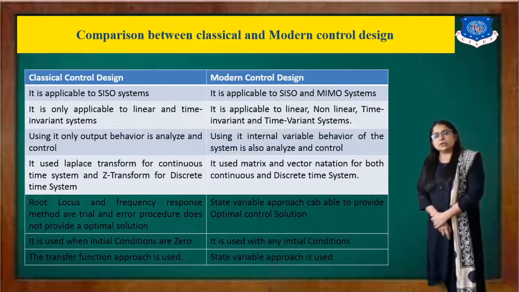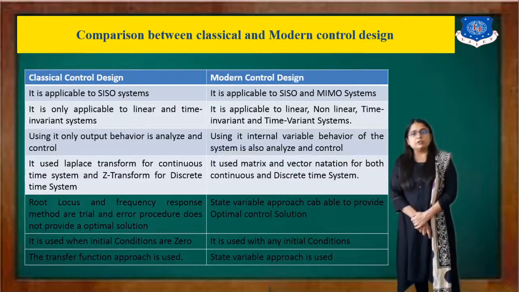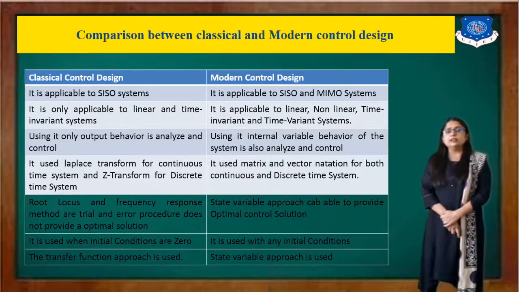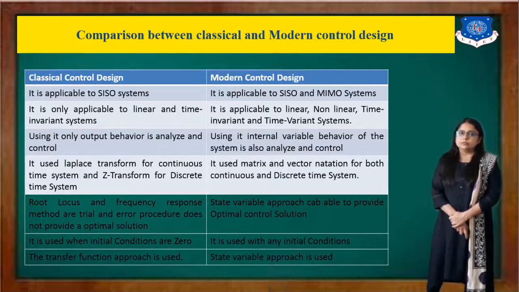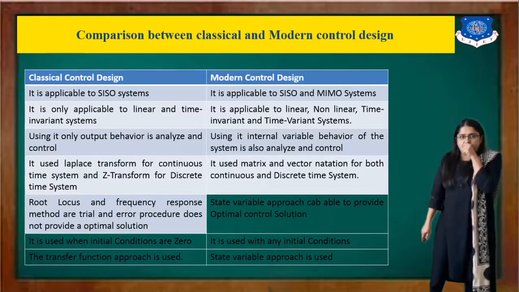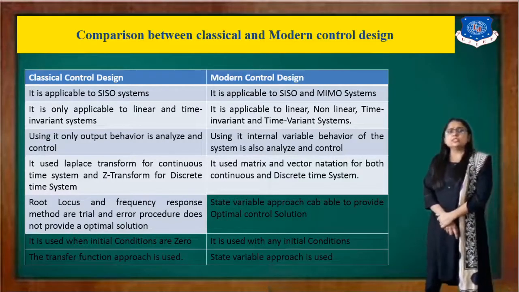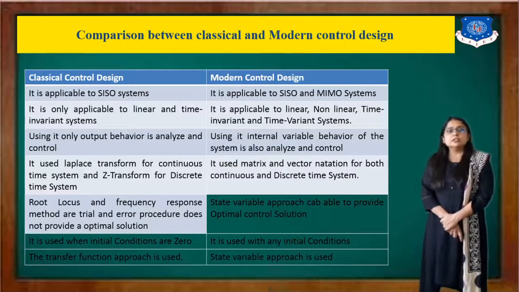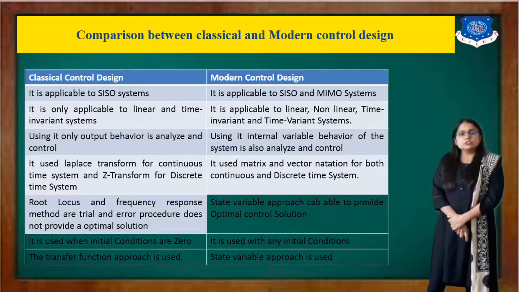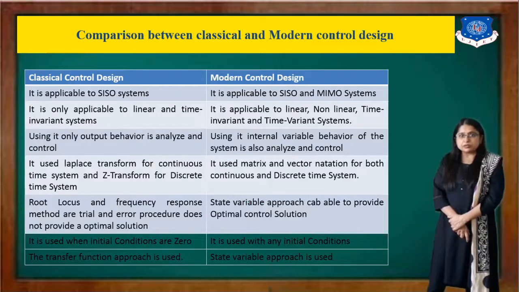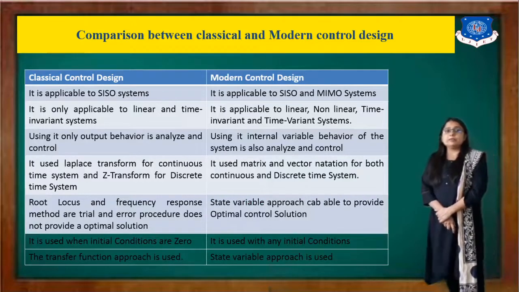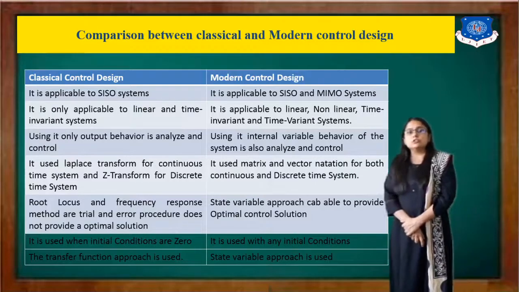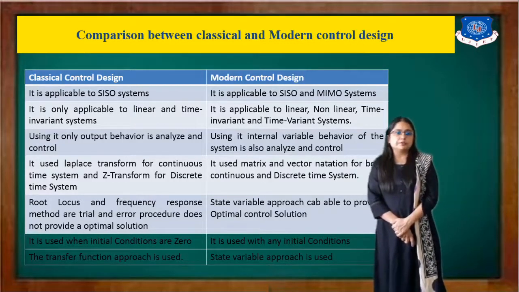Modern control design uses matrix and vector notation for both continuous and discrete time systems. Root locus and frequency response methods are trial and error procedures, so they do not provide the optimal solution, whereas the state variable approach can provide the optimal control solution.